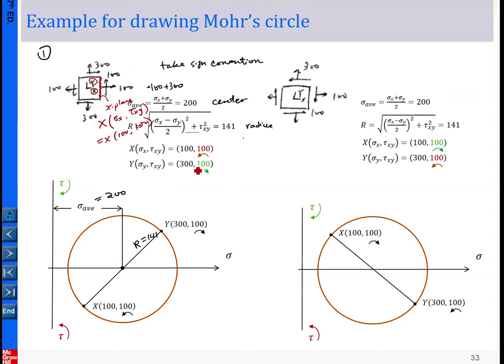Now look here, I have the kind of arrow sign. Let me explain this to you. This is the assigned sign convention for correctly operating the Mohr circle. This sense of rotation I simply follow from our textbook.